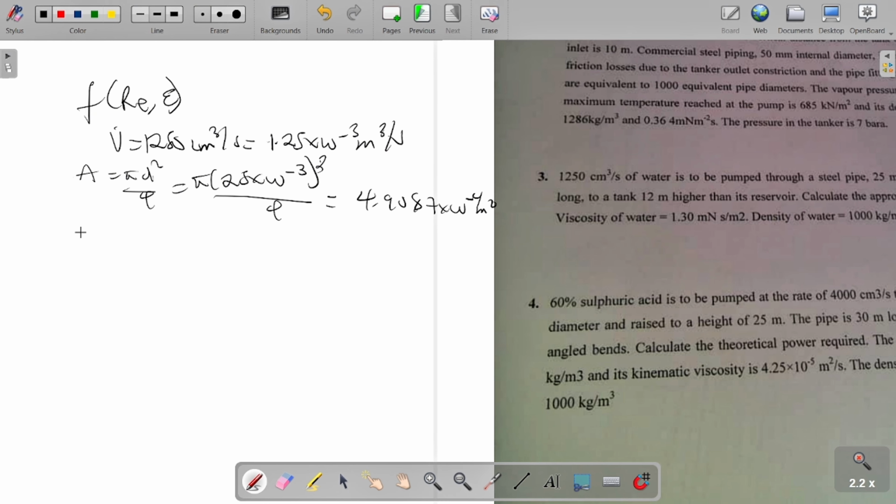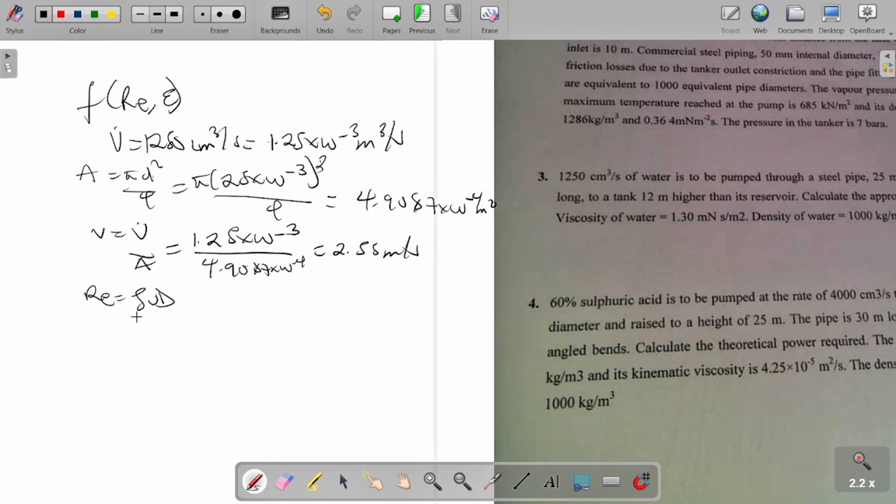Having this as the area, I can calculate my velocity as the volumetric flow rate divided by area. So 1.25 times 10 to the power minus 3 divided by 4.9087 times 10 to the power minus 4 gives me a velocity of 2.55 meter per second.